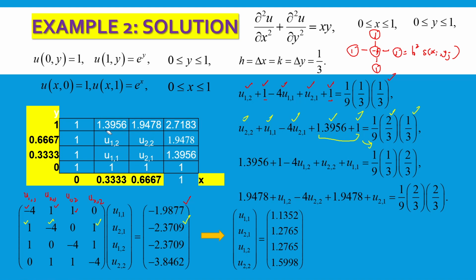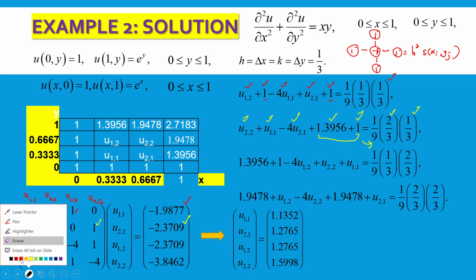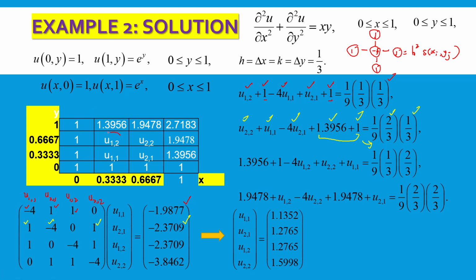The third equation you want to solve for u12, so you have to make u12 the center. So the -4 u12. Top is 1.3956. Left is 1. Right cell is u22. Bottom is u11.